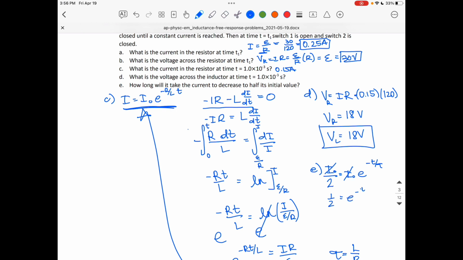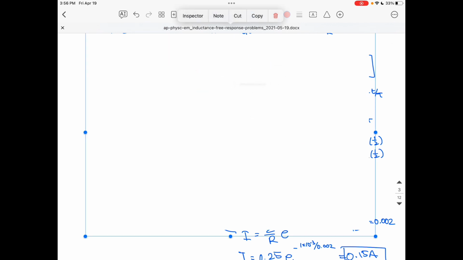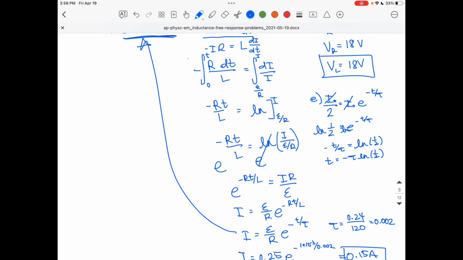1/2 equals e to the negative t over tau. If I take ln of both sides, I get negative t over tau is equal to ln of 1/2. And then t is equal to negative tau ln of 1/2, and I can plug in my tau value. I got the value for tau down here, which is 0.002.